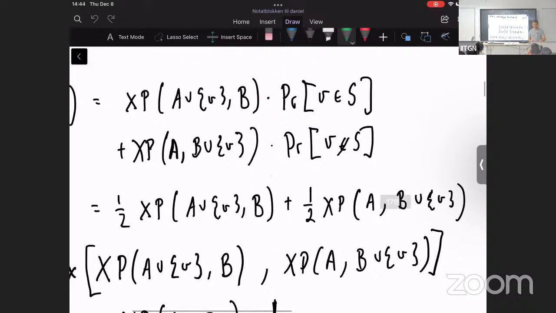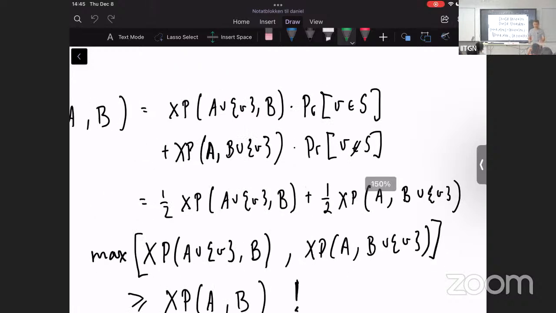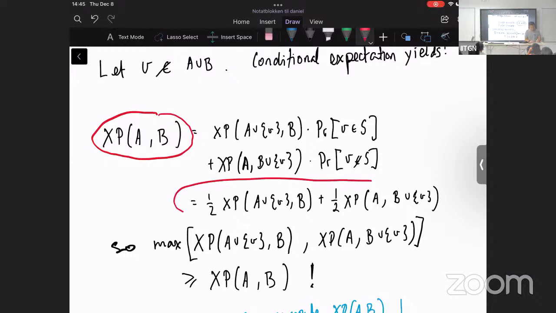So I get 1/2 XP of A union V, B plus 1/2 XP of A, B union V. So this conditional expectation is an average of these two numbers. It means that at least one of the two is bigger than the average. The largest one of them is bigger.